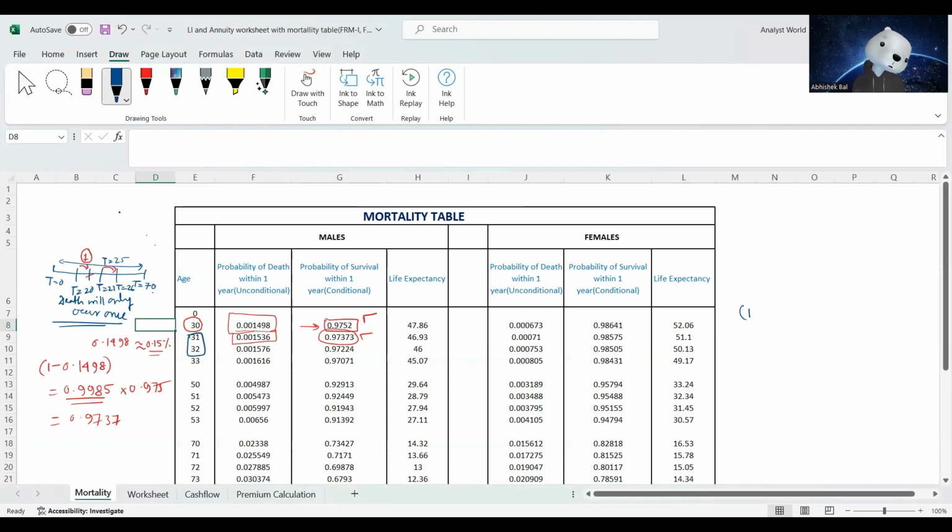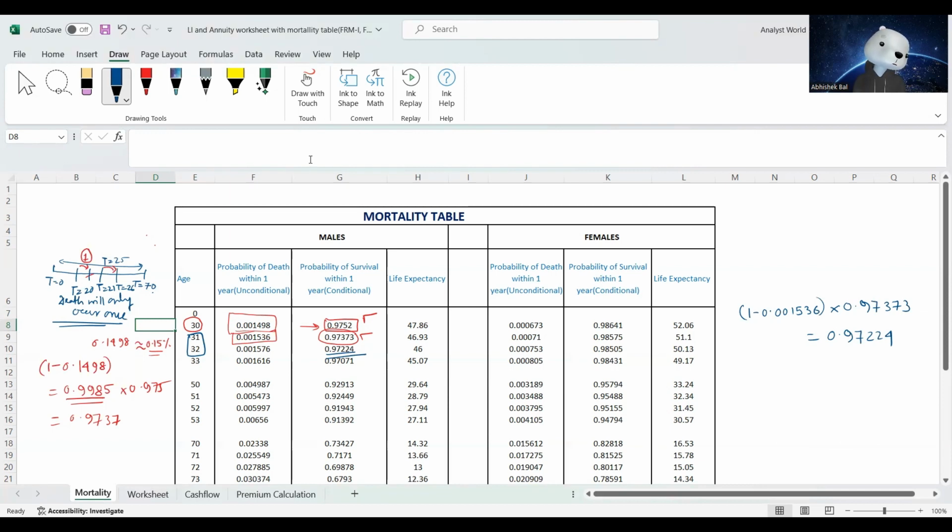So we say 1 minus 0.001536. This, if we multiply by 0.97373, you will get the figure of 0.97224, exactly this figure. Okay, so if this basic notation is understood, then the rest of the math will become relatively easier.